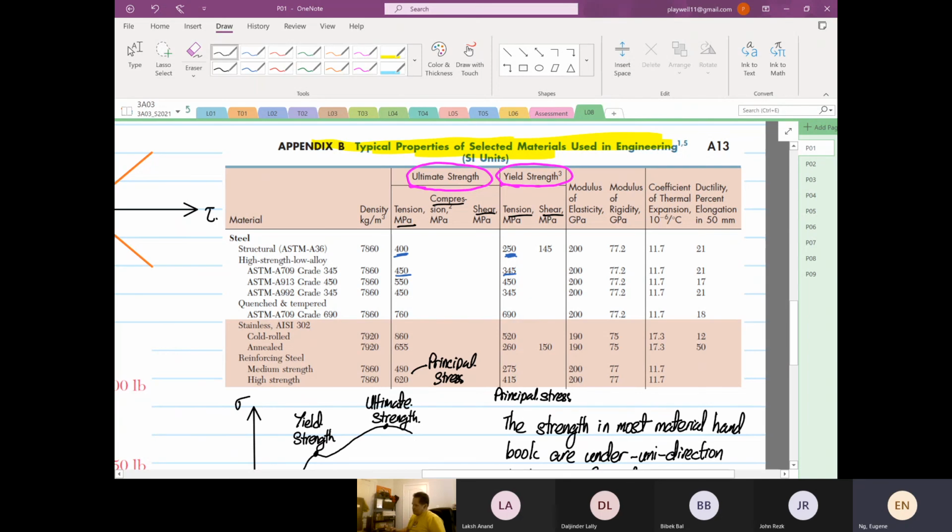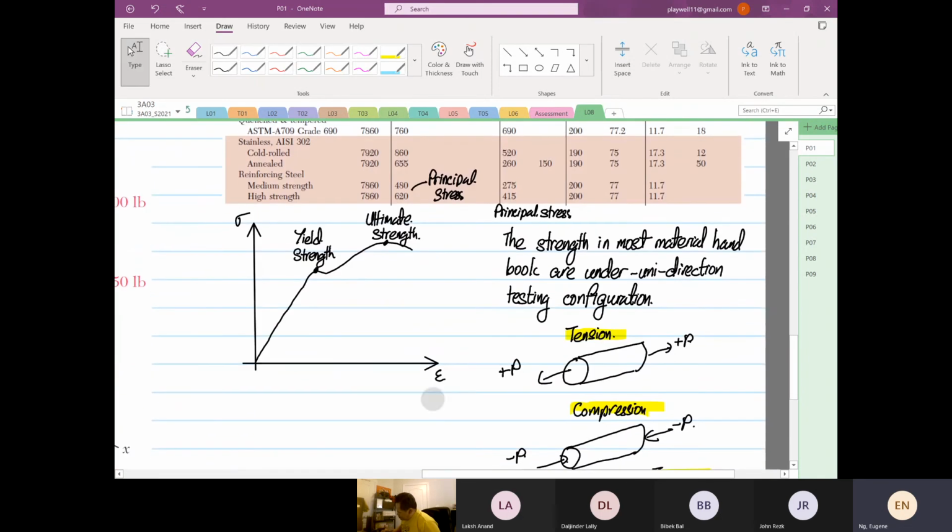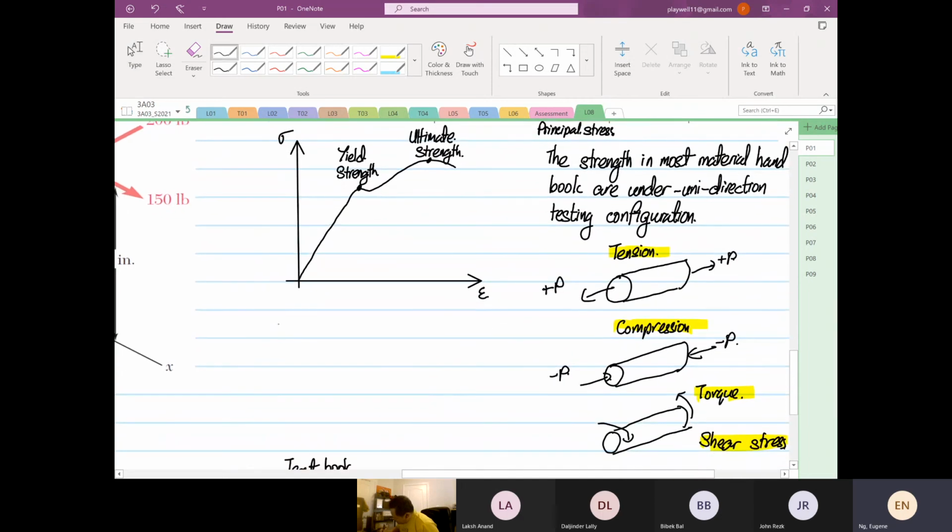The other one is your principal stress in yield strength. So I'm going to define out here in your principal stress, shear stress is equal to what? 0.